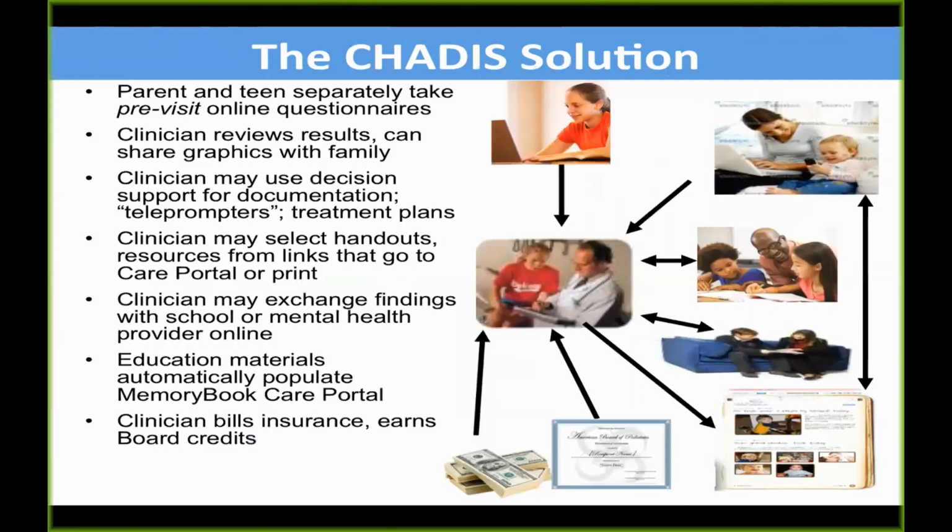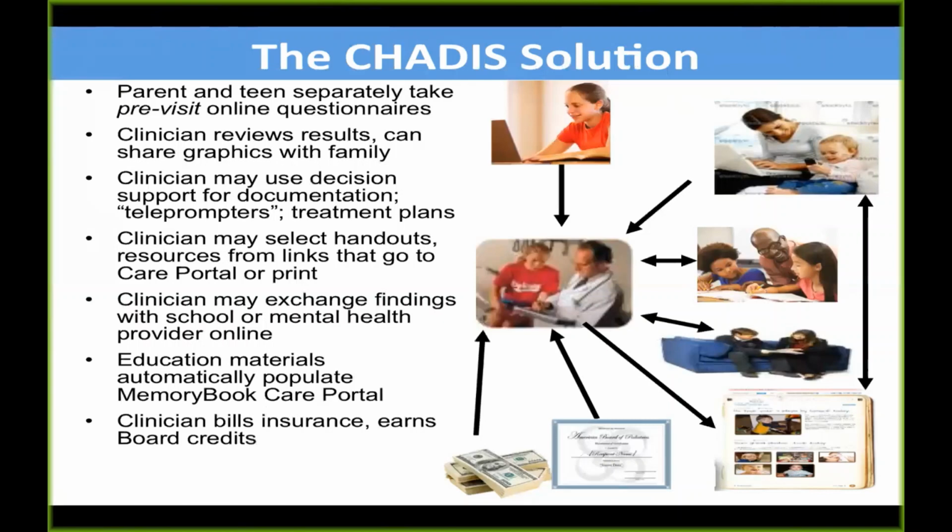So there's the parent up there in the top right-hand corner doing their questionnaires from home. A teenager can log in and do questionnaires under their own separate login. Neither one sees the other person's results. And in fact, they can see the answers they submitted, but they don't see any scored results because we don't think it's fair for a patient to try to interpret a screening tool based on numbers all on their own.